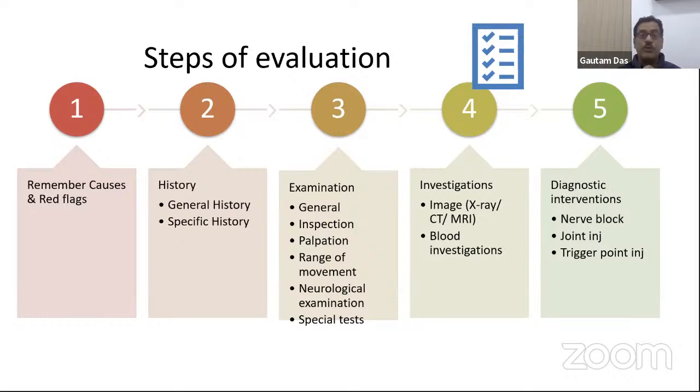This is another very important difference, but definitely that is one of the common causes. As I told you, we cannot tell the exact age at which the aging process will start. It varies from person to person, but it starts from the 30s, and by the 40s, 50s it becomes dehydrated. So it is very unlikely that there will be internal disc disruption.